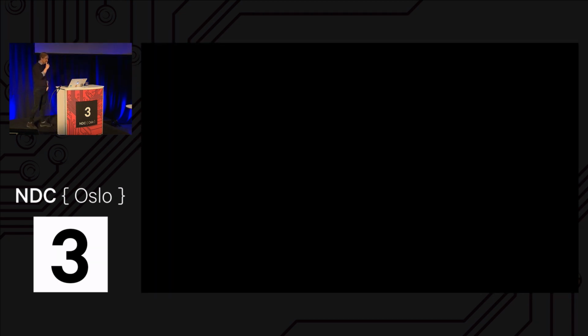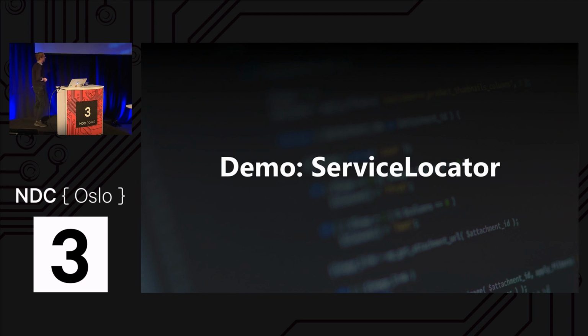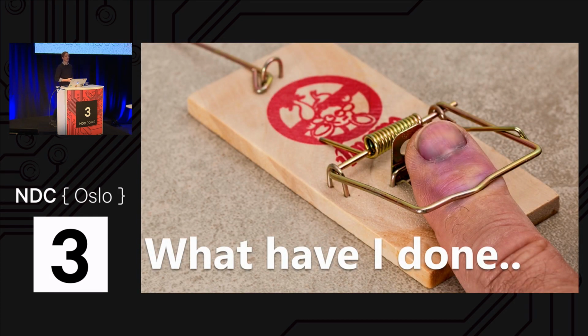But the problem with the service locator pattern is that, well, sometimes you can feel like, well, what have I done? Because you end up using the service locator pattern everywhere, and when you call a method, you want to be very explicit about what that thing is doing. And if it's simply asking for implementations of something, it's still going to be hard to write tests for it, right?